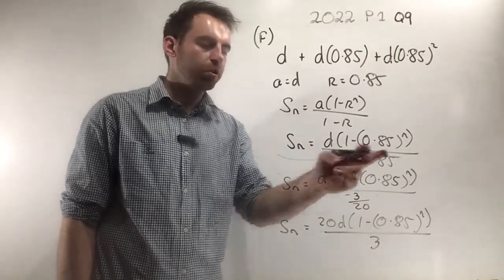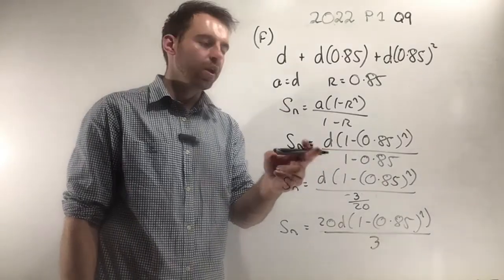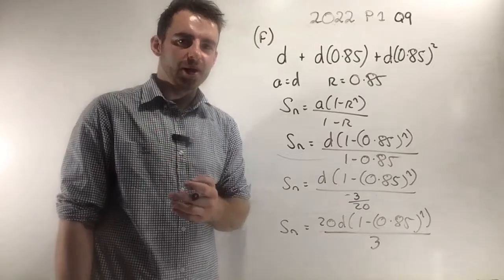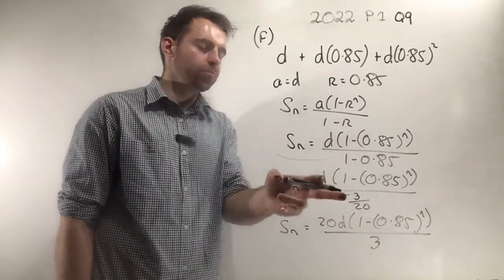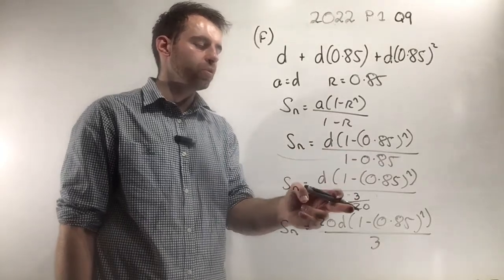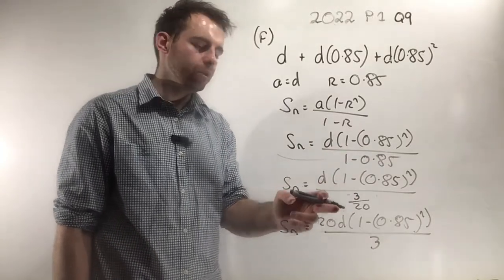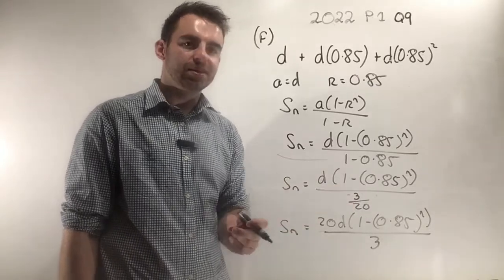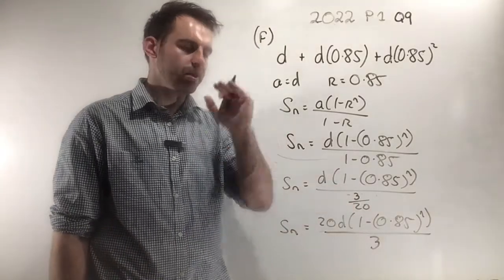Now, if you plug the bottom of that fraction into your calculator, you'll get 0.15. But I can clearly see, based on the way that I need to write my answer, it's more useful to write it as 3 over 20. 1 minus 0.85 is 3 over 20. Now, I want you to remember, dividing by 3 over 20 is the same as multiplying by 20 over 3.